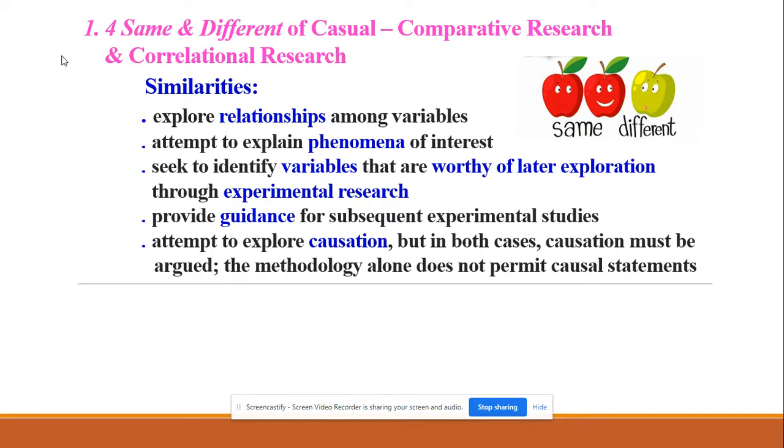They attempt to explain phenomena of interest, and they also seek to identify variables that are worthy of later exploration through experimental research. More than that, both provide guidance for subsequent experimental study, and they also attempt to explore causation, but in both cases, causation must be argued, and the methodology alone does not permit causal statements.